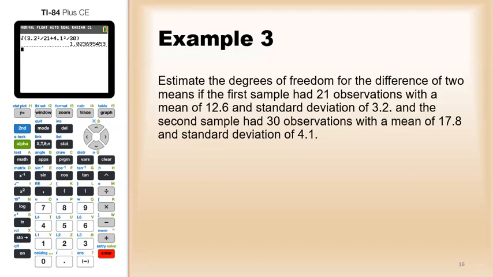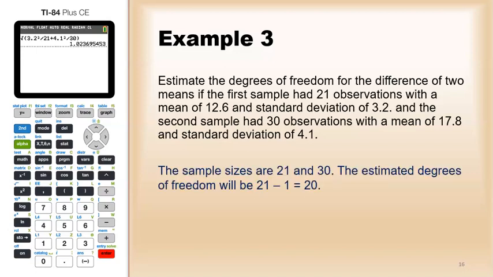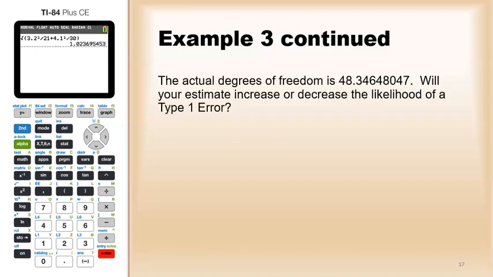Well, one sample size is 21, the other sample size is 30. The smaller sample size is 21, so degrees of freedom we'll use is 21 minus 1, 20 degrees of freedom. The actual degrees of freedom, if you're using that more complicated formula, is 48.34648047. So we're going with a smaller degrees of freedom.